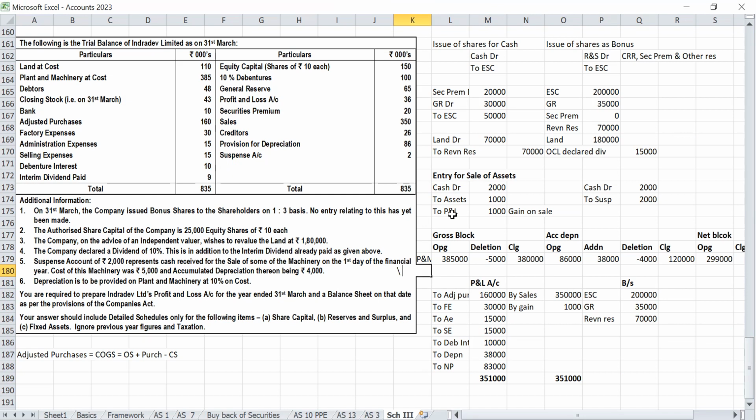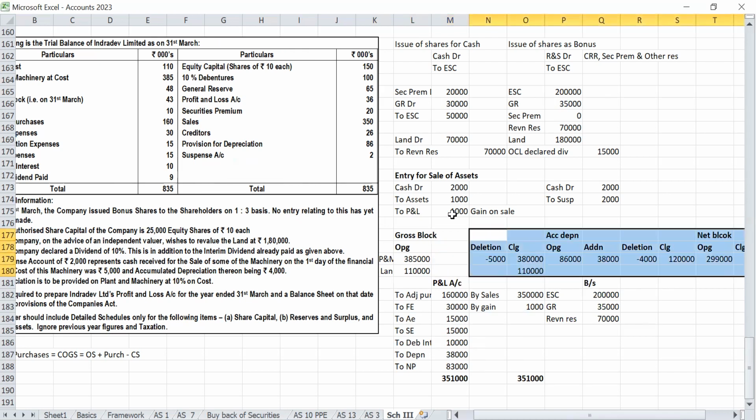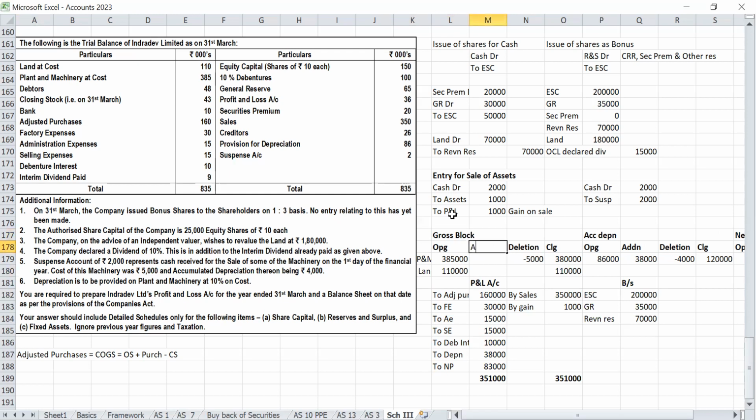Land. Opening land is 1 lakh 10,000. Closing is also. Addition is there, because revaluation reserve is there.